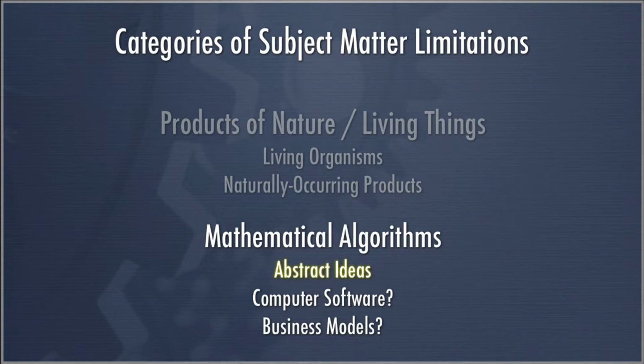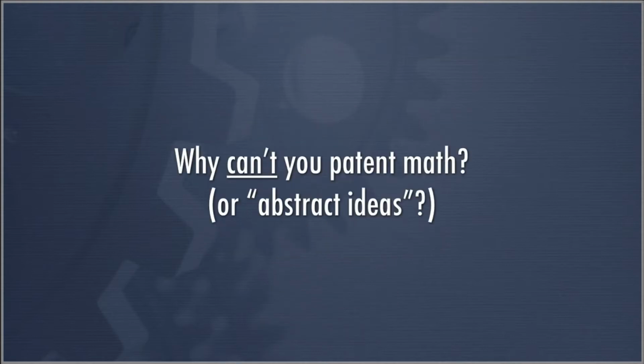So in the mathematical algorithms limitation, again, sort of abstract ideas, why can't you patent math? Right? So why have the courts decided that this is a restriction? So this is, I think, very similar to the idea of not being able to patent natural products. And the idea is that mathematical concepts, abstract ideas, are in essence pre-existing. Right?